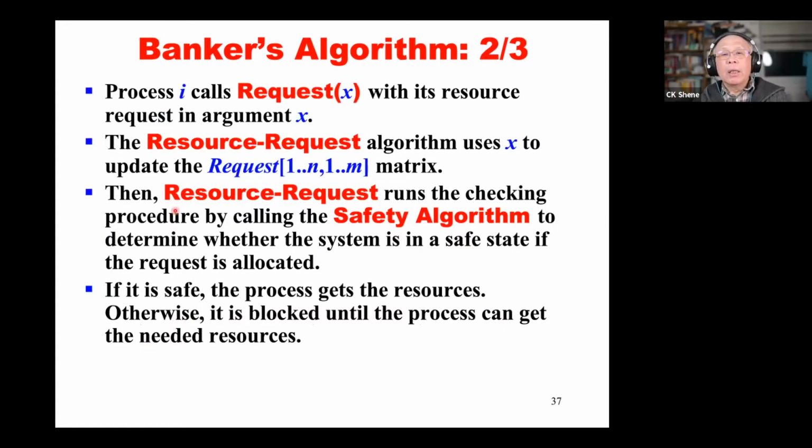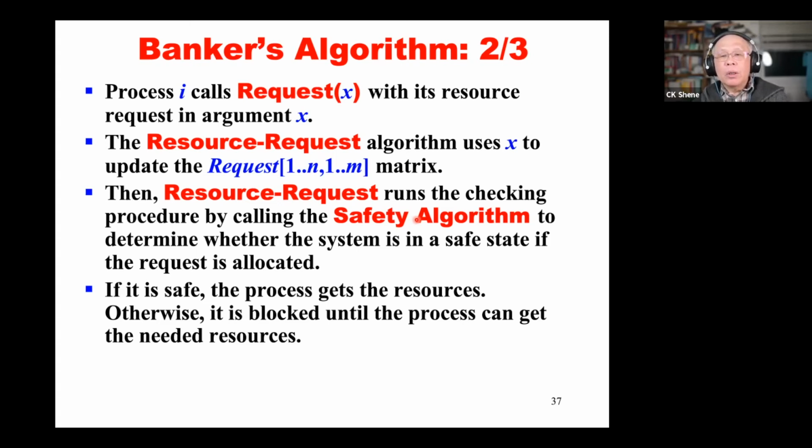Process i calls request x with its resource needs. The resource request algorithm uses x to update the request matrix. And then the resource request algorithm runs the checking procedure by calling the safety algorithm to determine whether this request can be allocated and the system is still safe.